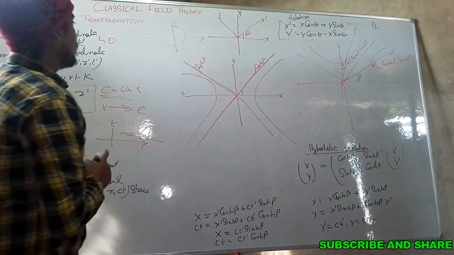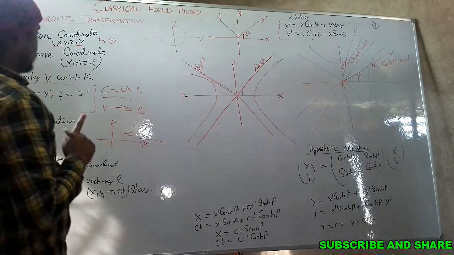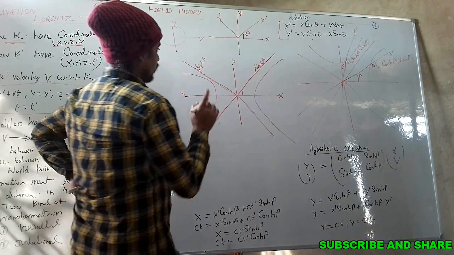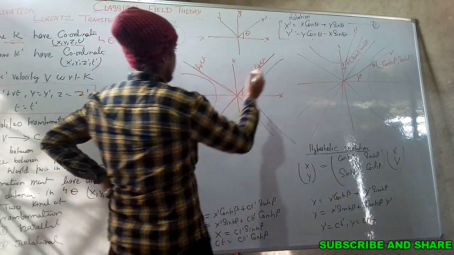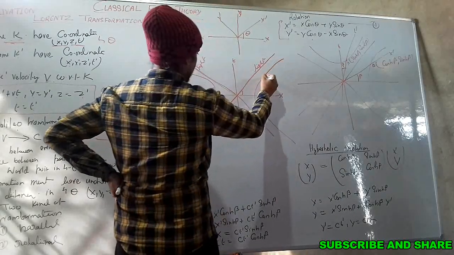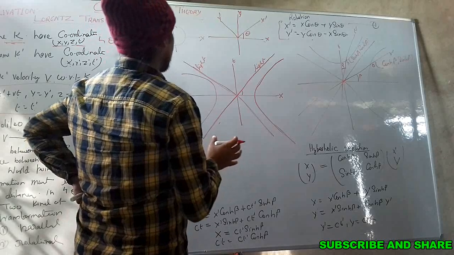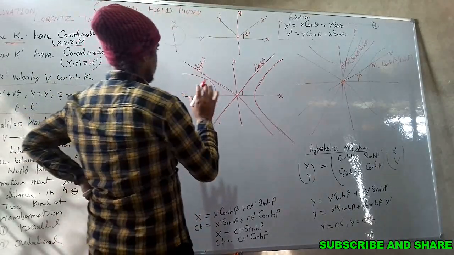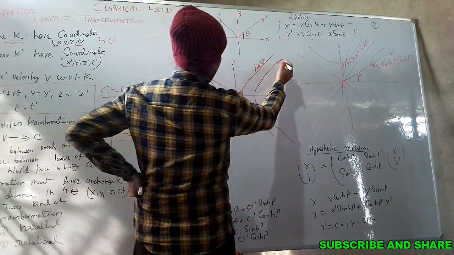When any object reaches near the speed of light, we can show the world line as a hyperbola, because the space-time diagram for an object reaching near the speed of light must be a hyperbola.